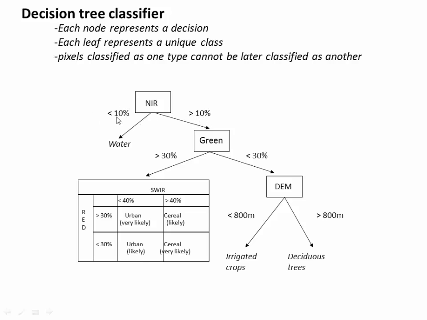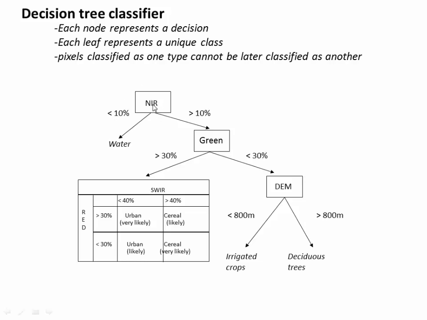If it's reflecting less than 10% in the near infrared, you could safely say it was water. And we're actually going to do that in this video. So all pixels that had less than 10% reflectivity would now be classified as water, and those pixels are excluded from further consideration. They're done, and we move on to the next pixel.